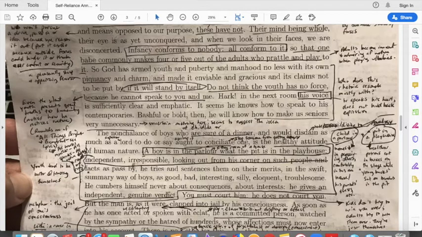So if Emerson and Henry David Thoreau and Margaret Fuller are going to influence anybody within modern American culture at this time, it's going to be the young folks. They're the ones who are going to embrace this the most, just like the hippies of the 1960s, and just like the modern generation today.